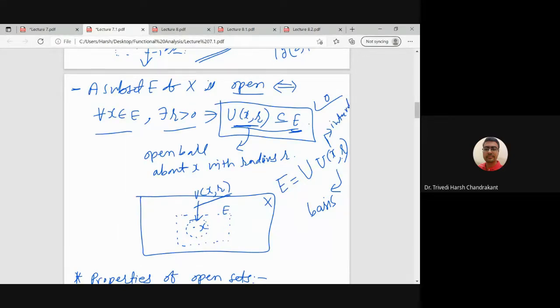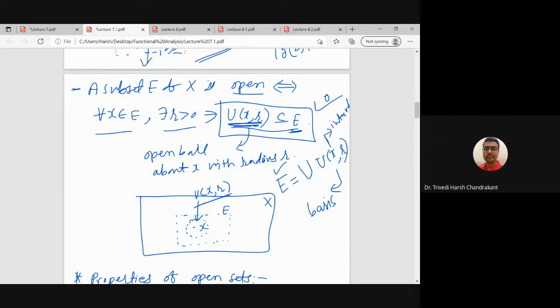So a union of intervals gives the open sets in R. Similarly, if we take R2, then these neighborhoods are nothing but open disks. So every open set in R2 is a union of open disks.